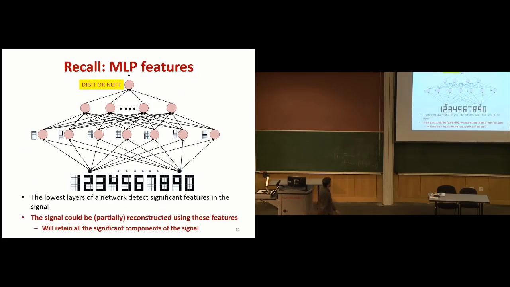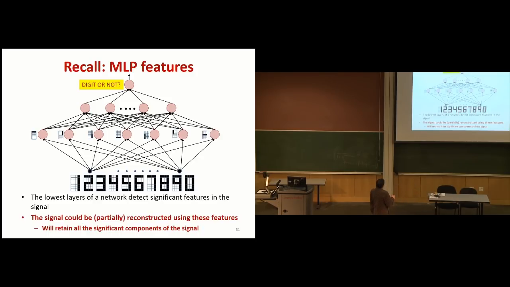So if you were trying to perform something of this kind, where you look at a collection of features and you're trying to make some guess about the input. Here's an example. The input is a grid of pixel values, and the network must decide if this grid of pixel values represents a valid digit or not.